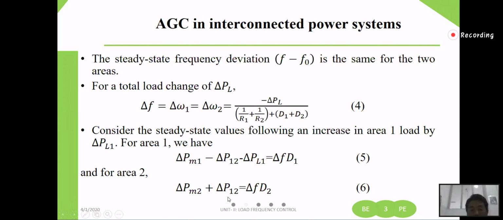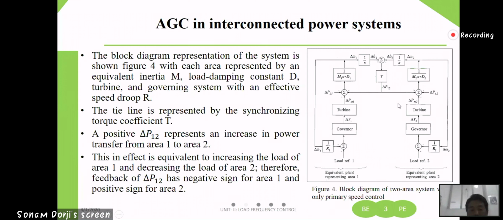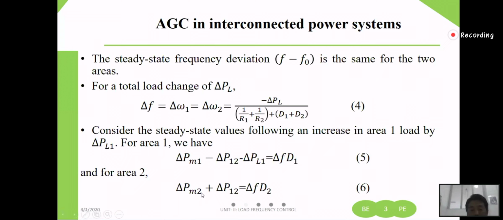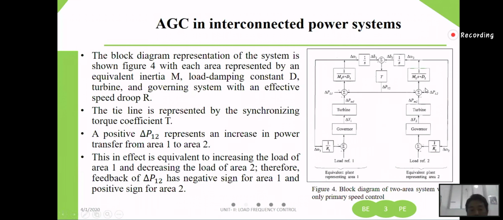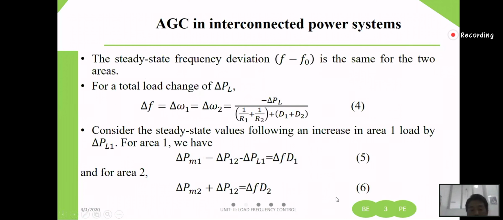Then similarly for area 2, you can see here, area 2. So all are positive except minus del PL2. Then you will get del PM2 plus del P12 equal to del F D2.